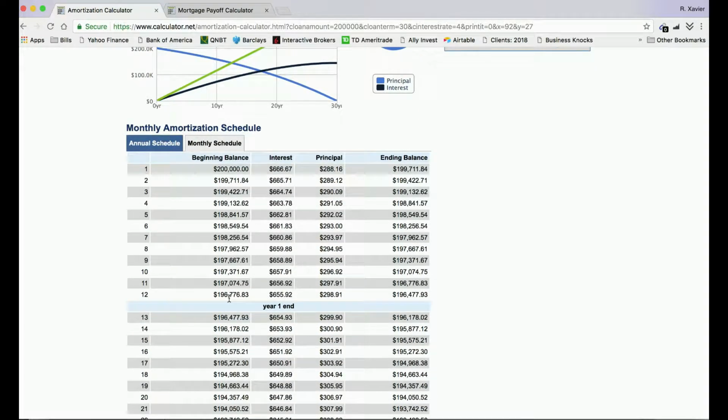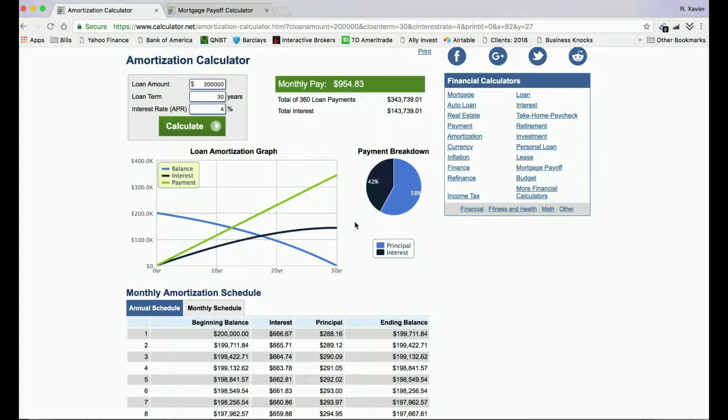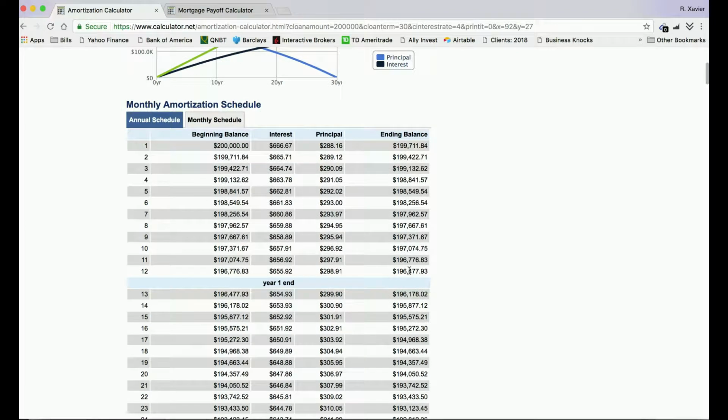And after a year, this is the most important thing about these schedules, given this scenario, you would owe $196,477.93. You multiply that payment by 12, and you can see where most of this is going, and why you only end up with that much paid off.